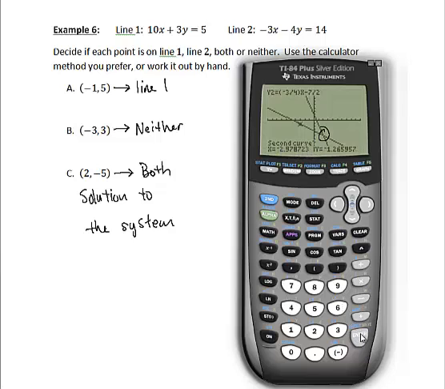Just simply hit enter and then enter, and then it's going to ask you if you want it to guess, and you just hit enter for a third time, and then you'll see the cursor jump right on top of the intersection, and it actually gives us the coordinates of that point, and they match these coordinates that we found from the table to be our solution. X is 2, y is -5.